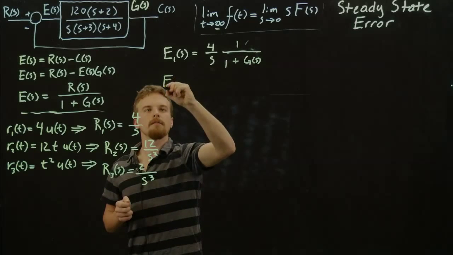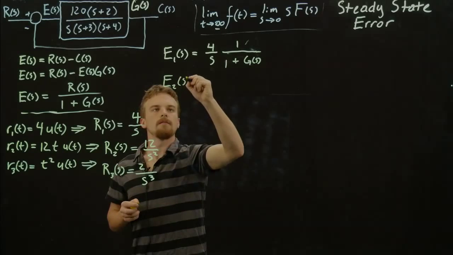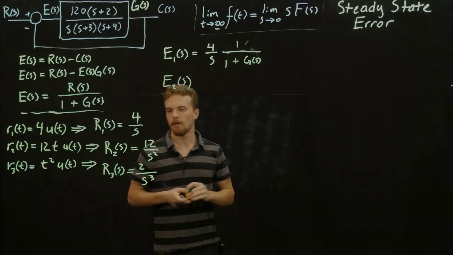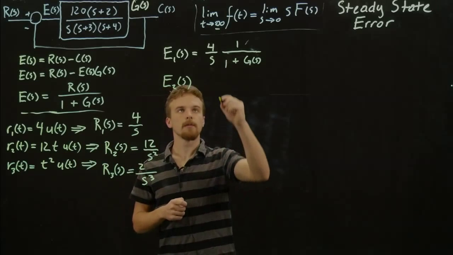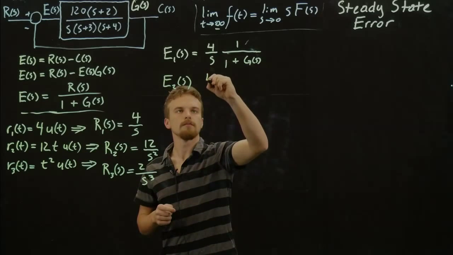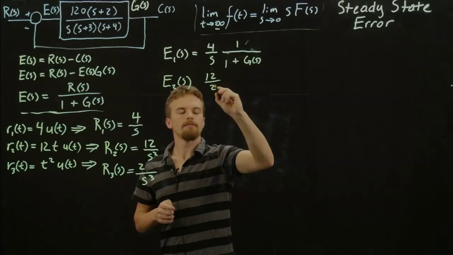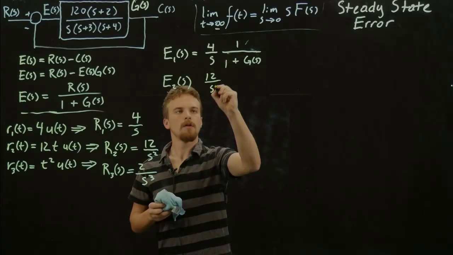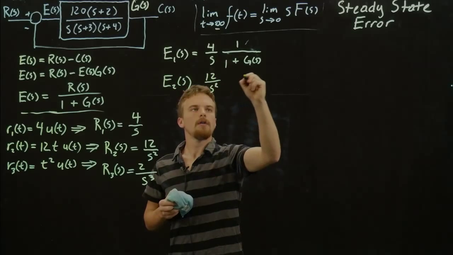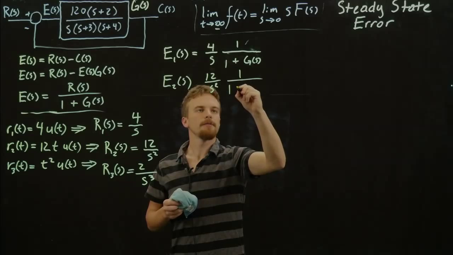Let's say from the second input, our ramp input, we'll have 12 over s squared times the same expression.